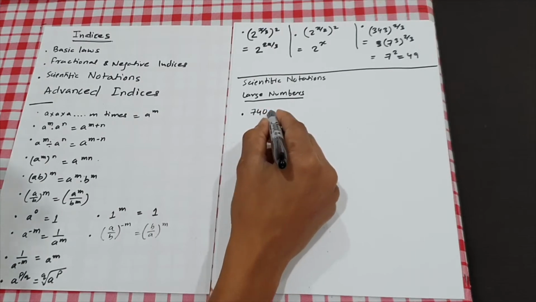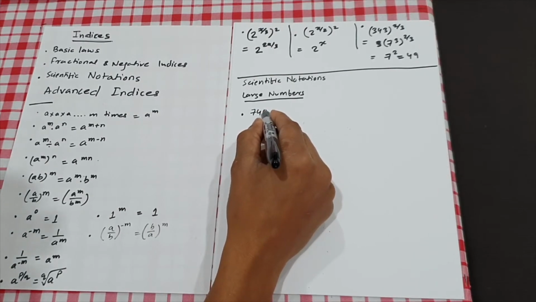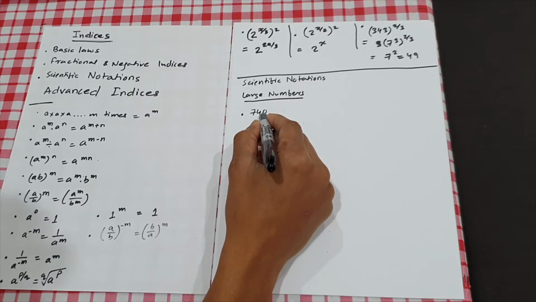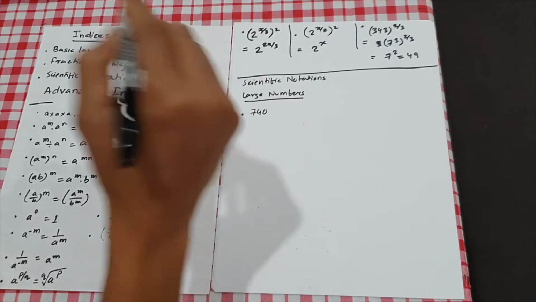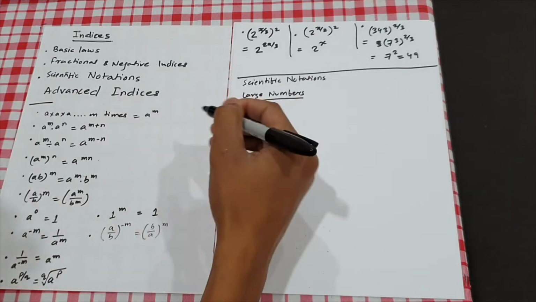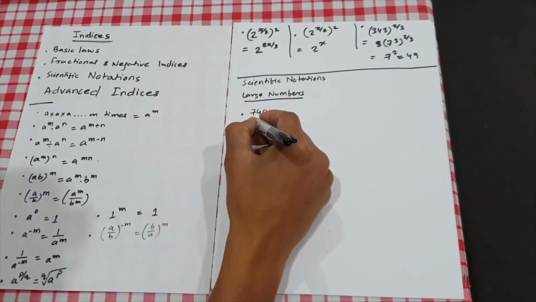The decimal is not visible, but we know it lies here, right? So this decimal has to move leftwards, in a manner that you are left with just one number on the left of the decimal.